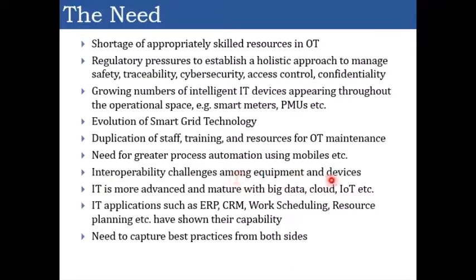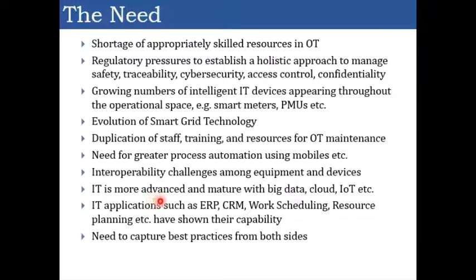Interoperability challenges among equipment and devices are also forcing IT and OT to merge, because if the data from OT cannot travel to IT, we cannot take fast and informed decisions. So the interoperability challenge is also forcing people to merge IT and OT.